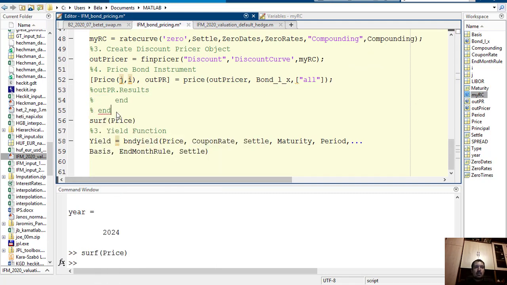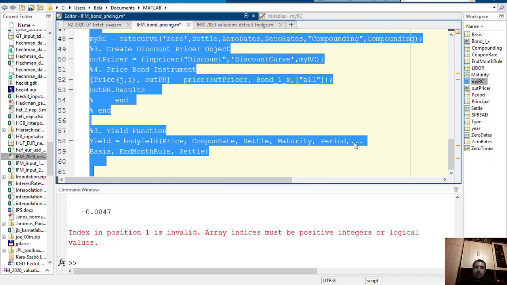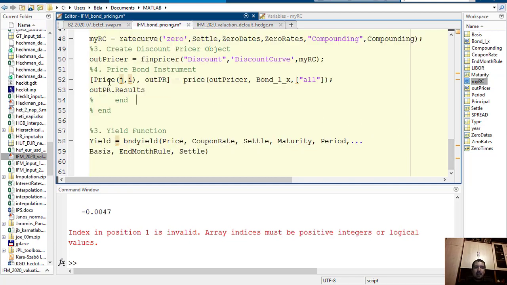Also, the for cycle will get commented out. Yep. And no surface at all. So let's see this bond. Index position 1 is invalid. Yeah, sorry. Sorry.